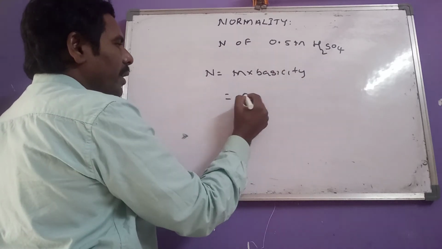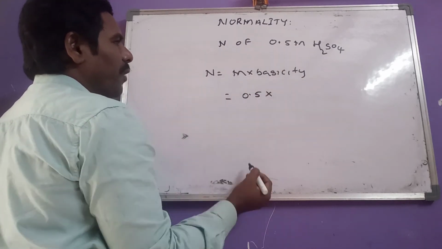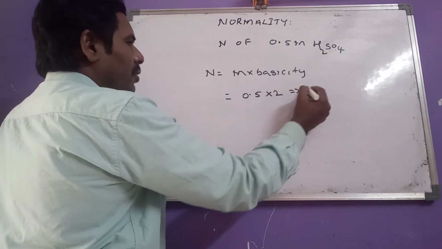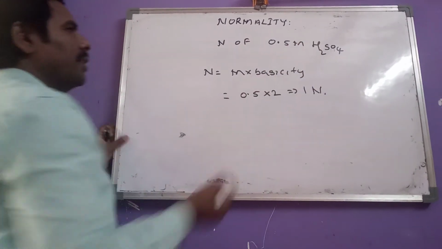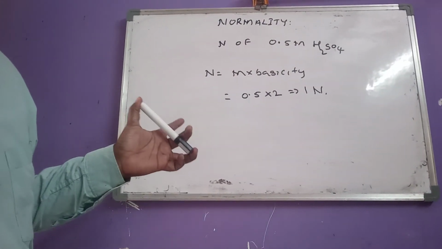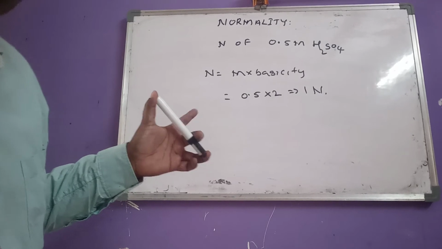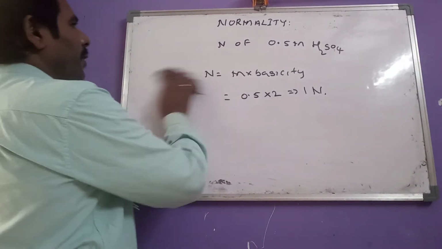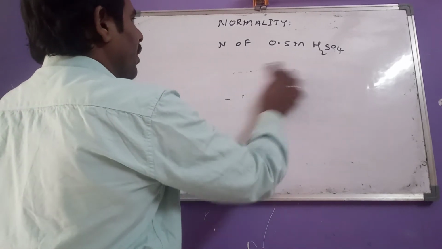Molarity given is 0.5, and it is a dibasic acid. So now what is its normality? 1N. So its normality is 1N.